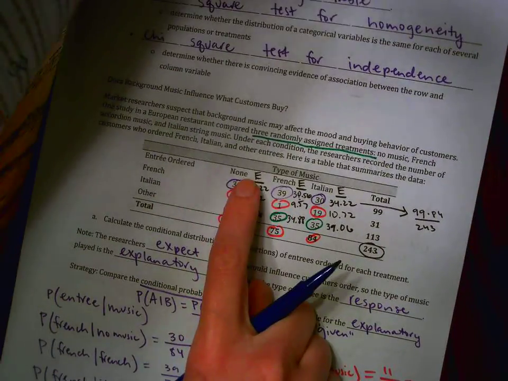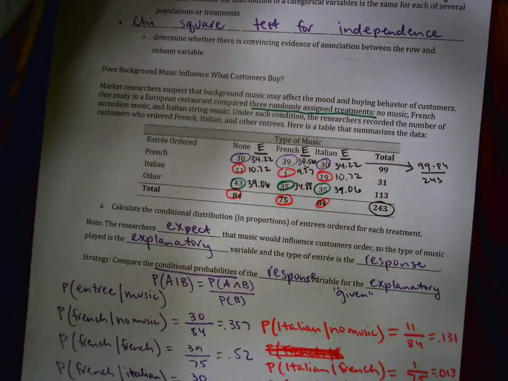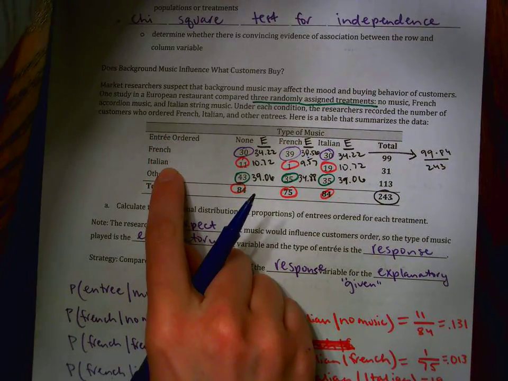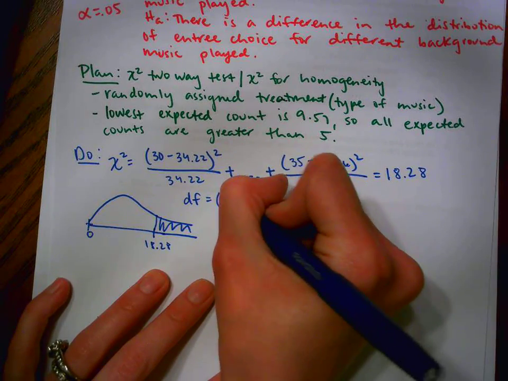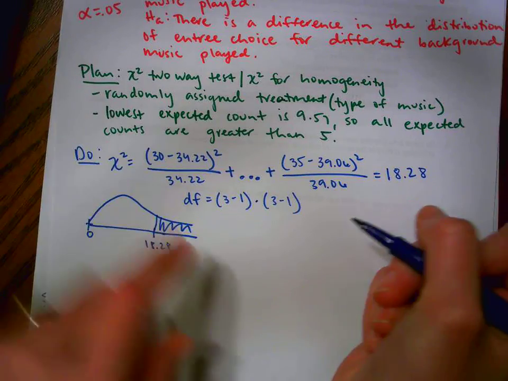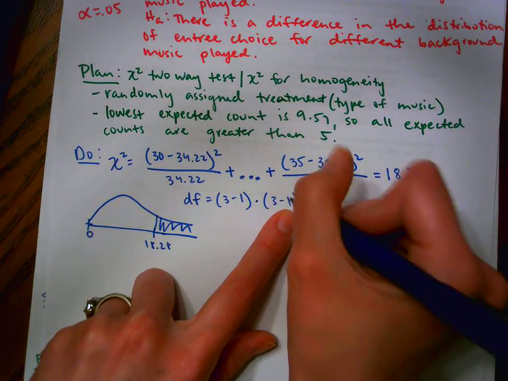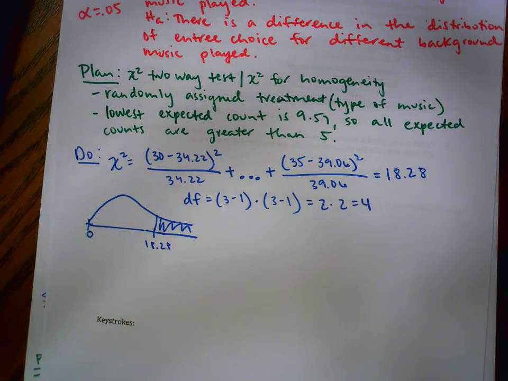Not including totals, basically how many different categories did you have of each variable? We had 3 here and 3 here. So it's 3 minus 1 times 3 minus 1, which is 2 times 2, so degrees of freedom is 4.